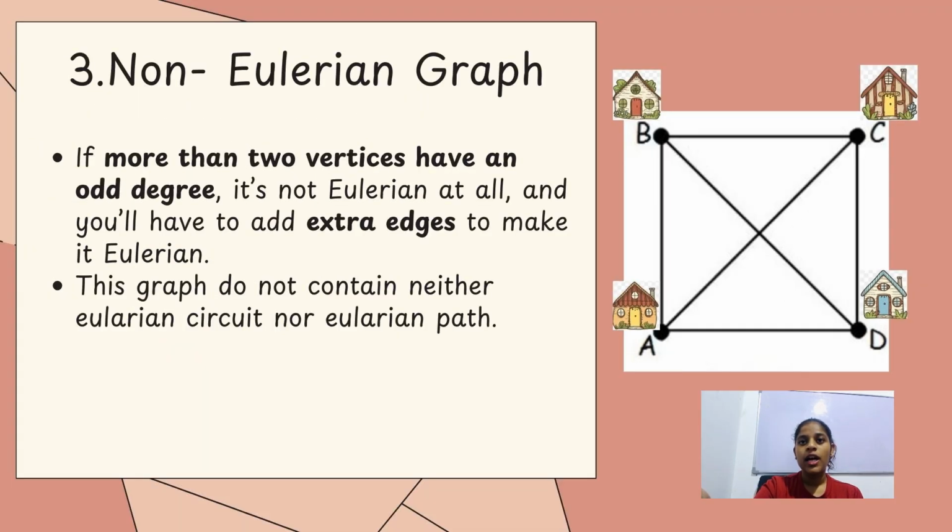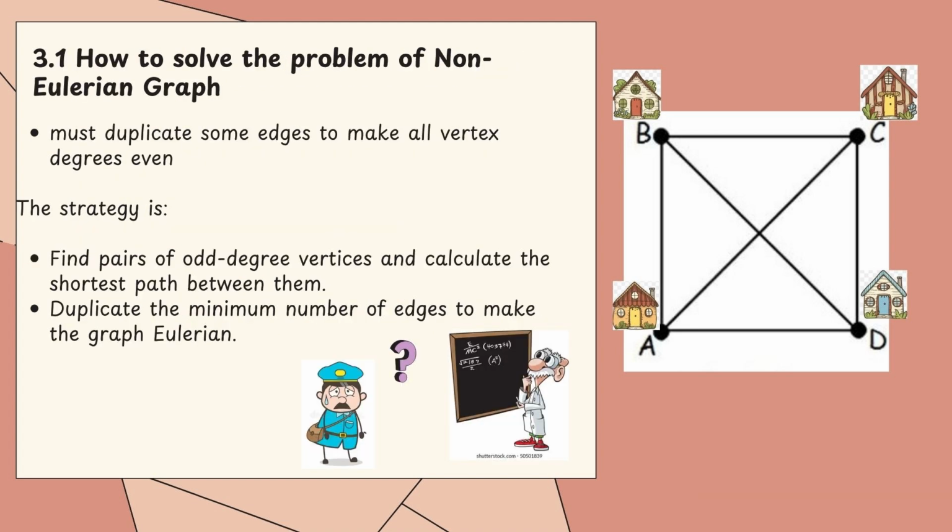Non-Eulerian graph. If more than two vertices have an odd degree, it is not Eulerian at all, and you will have to add extra edges to make it Eulerian. That type of graph is called a non-Eulerian graph. This graph contains neither an Eulerian circuit nor an Eulerian path.